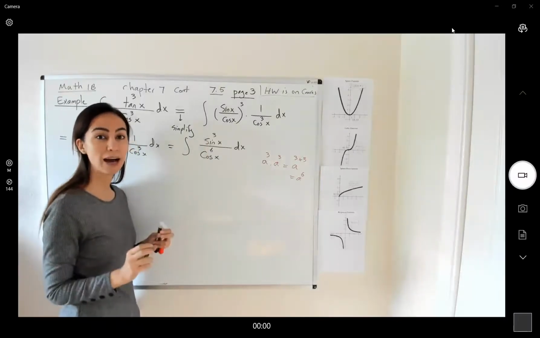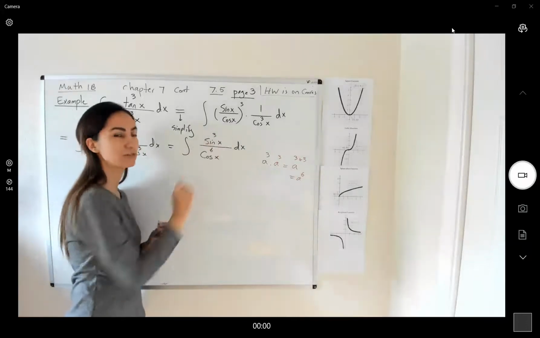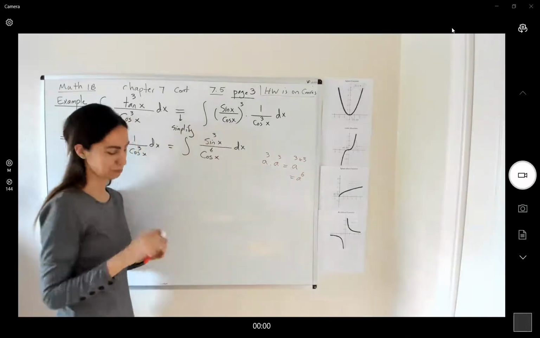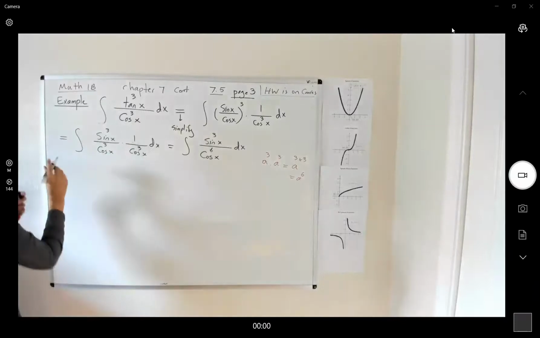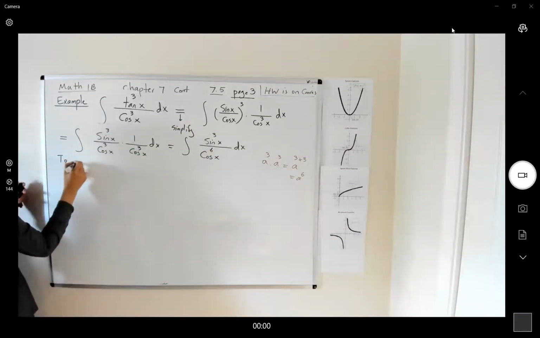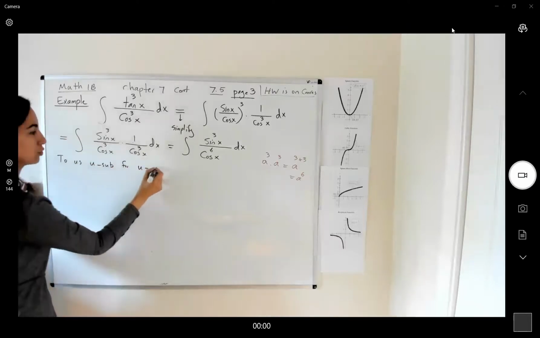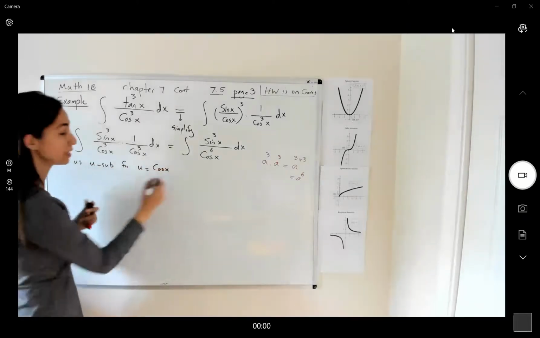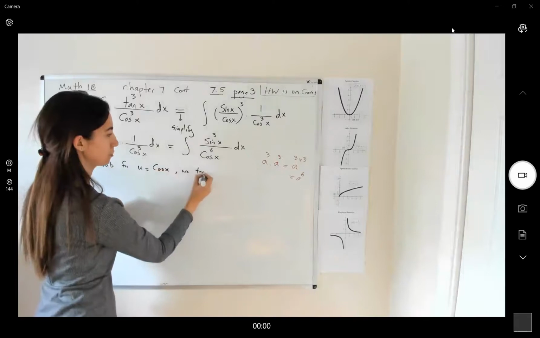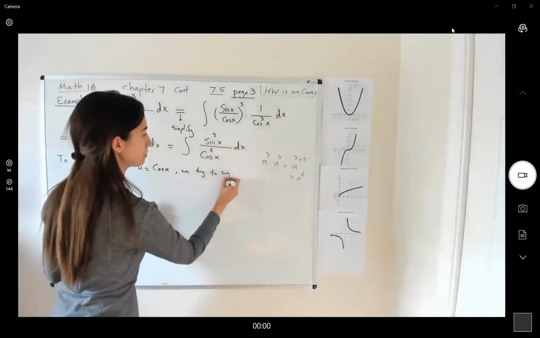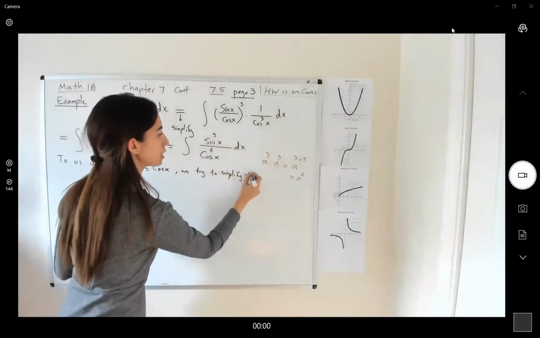So somehow you have to get rid of this exponent 3. So to use u sub where u equals cosine x, we try to simplify the numerator.